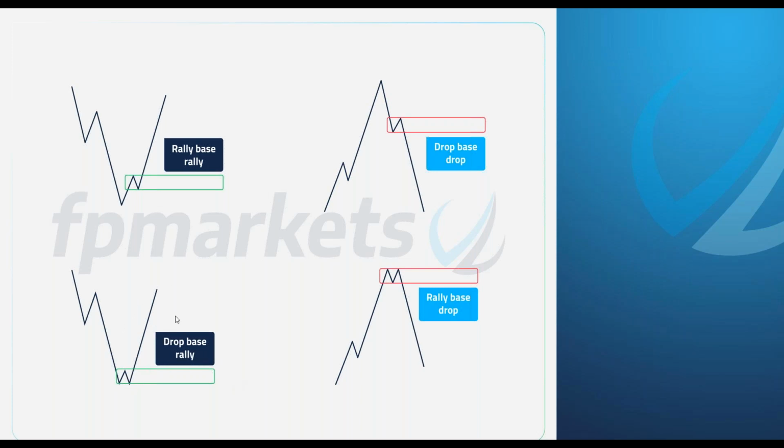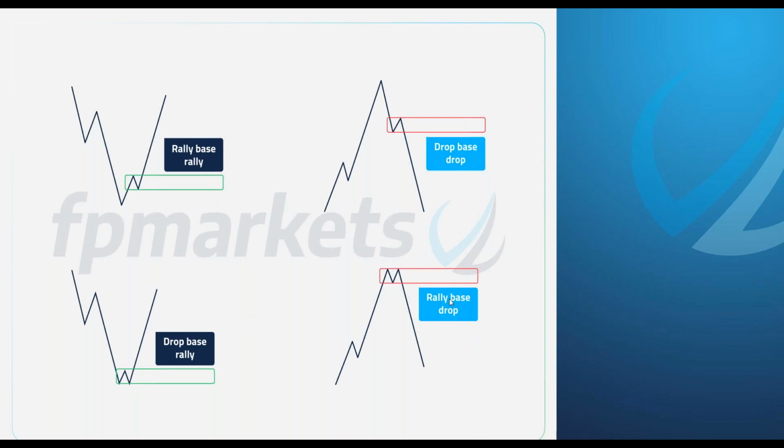So we have an uptrend forming higher highs, higher lows, higher highs, and then comes down for a retracement. It's at this point we might form a drop base rally, which can be traded if price retests the area. Okay, so I hope this gives you enough information.